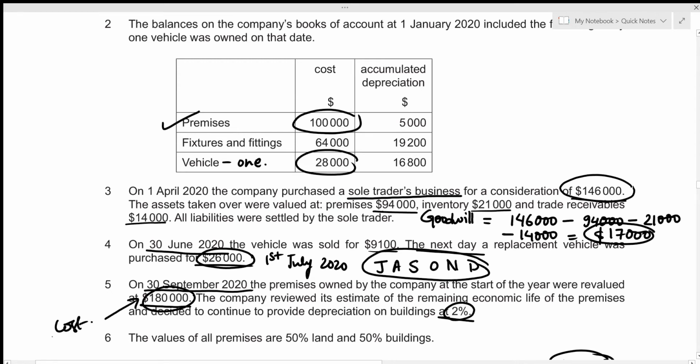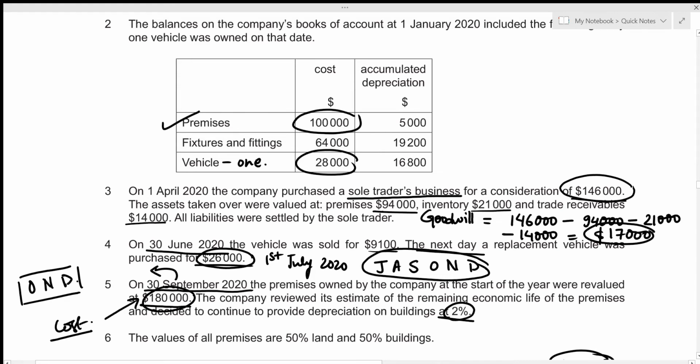So this is the new cost of the premises, and since the cost is increasing, we can figure out that the months prior to September did not account for any depreciation. So we only need to charge depreciation after 30 December 2020. Let's count the months. After September, there's going to be October, November, and December. So we will be charging depreciation for these 3 months with the value of 180,000.